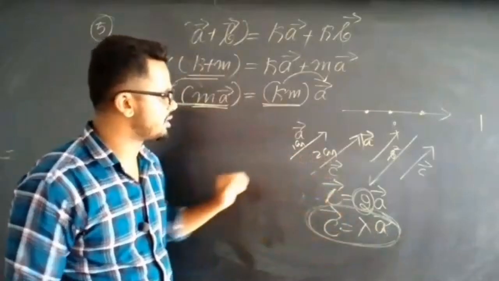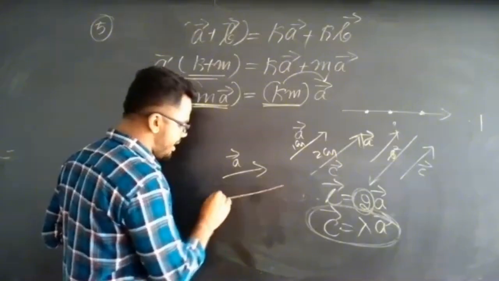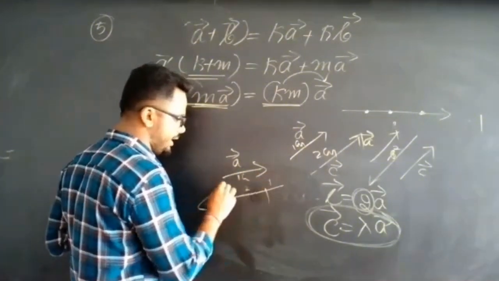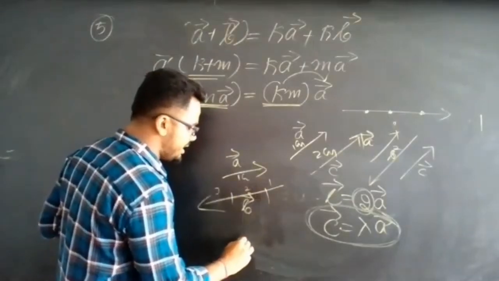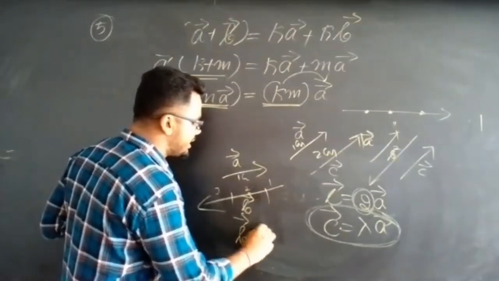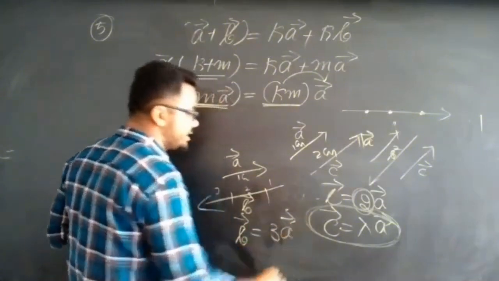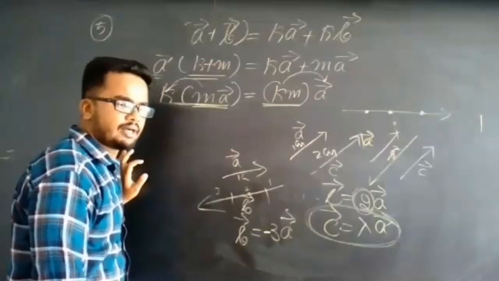Next we shall go for one more, vector B. This is vector A, and this one is in the opposite direction. Say this is 3 centimeter. This is our vector B. Vector B is 3 times vector A, but in the opposite direction, whatever it may be.